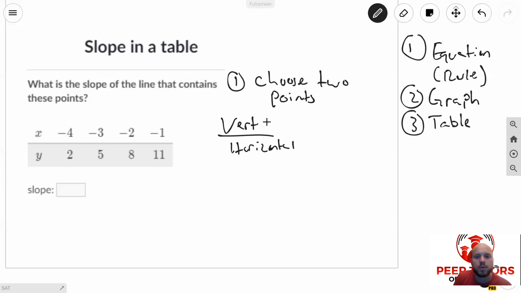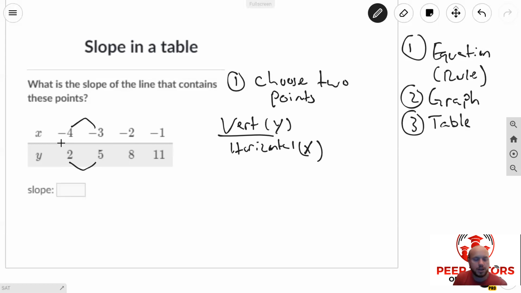And remember also that the vertical is y and the horizontal is x. So what I like to do with the table is just draw these little guys there. And you want to use adjacent points and the same points. I guess you don't even have to use adjacent points. You just have to simplify the fraction.